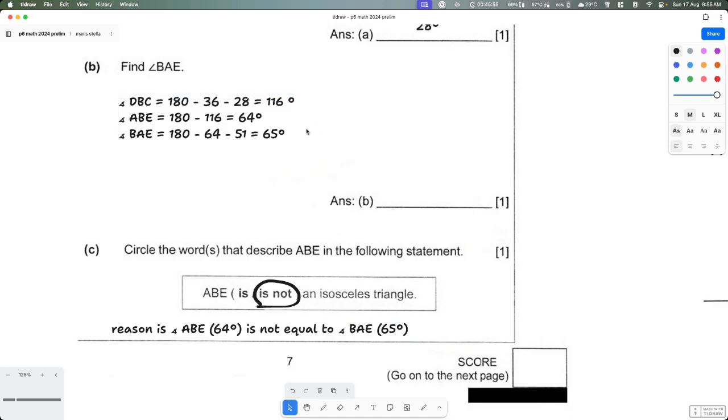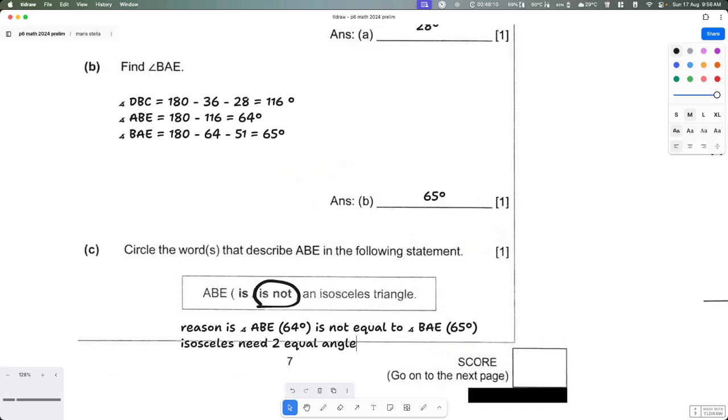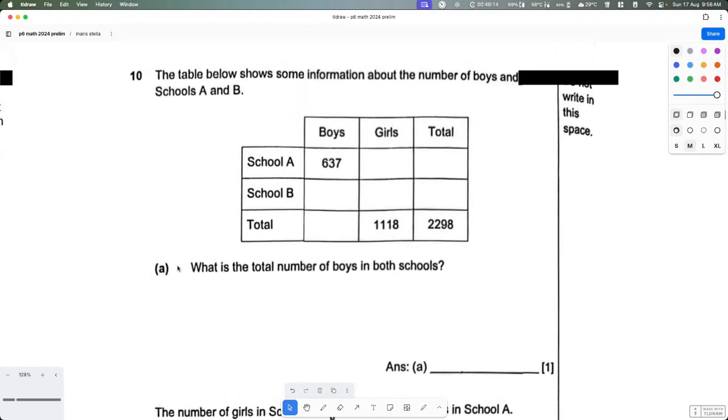That's why it is not an isosceles triangle. Isosceles needs two equal angles. I'm going to write that. That's it.